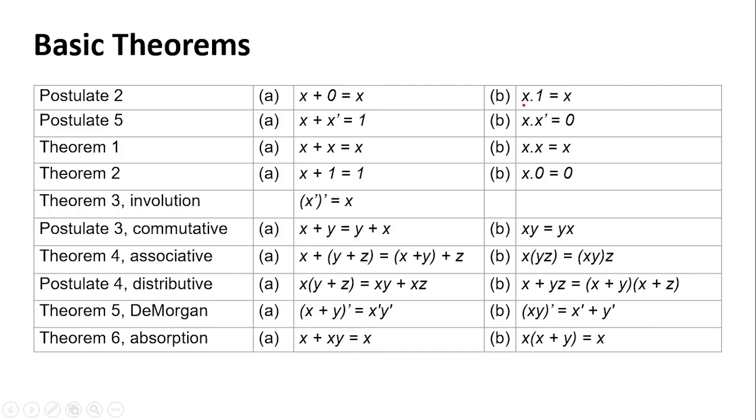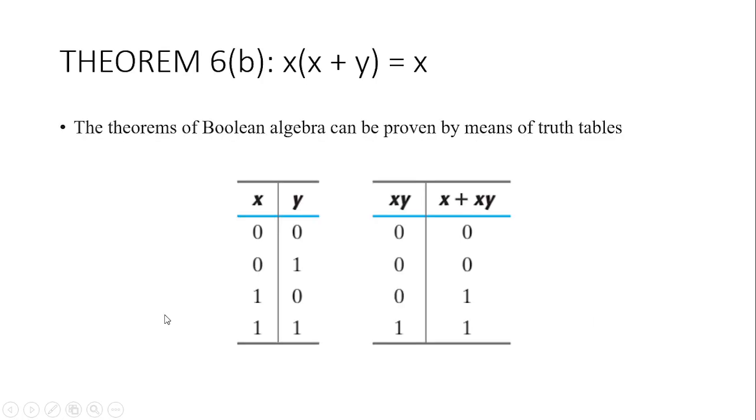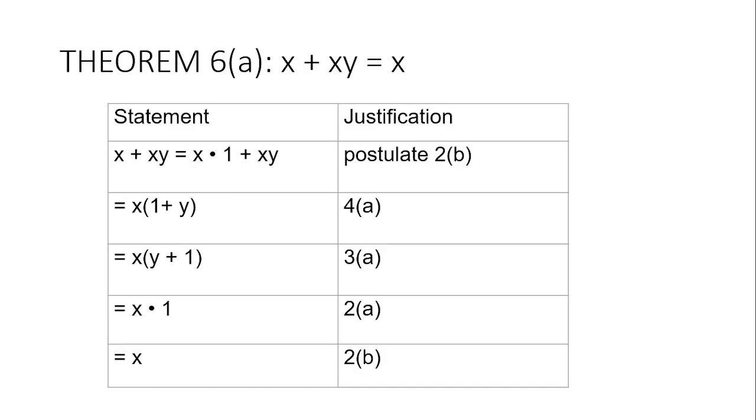We know that 1 dot x, or x dot 1, by commutative, is x itself. So you go back, and what you see here, 1 dot x is x itself. So you started with x plus xy, and what you end up with is x plus xy is equal to x itself, and that is the proof.